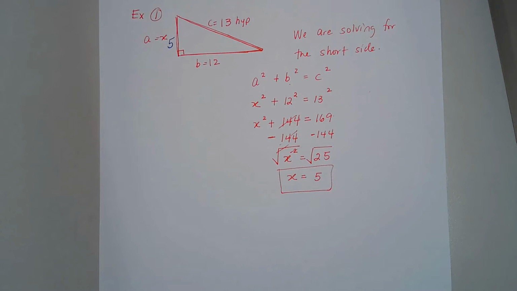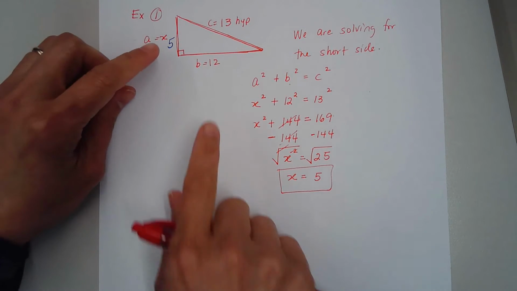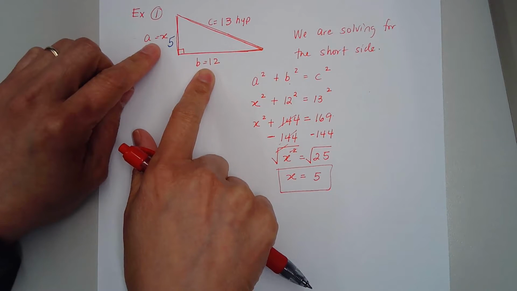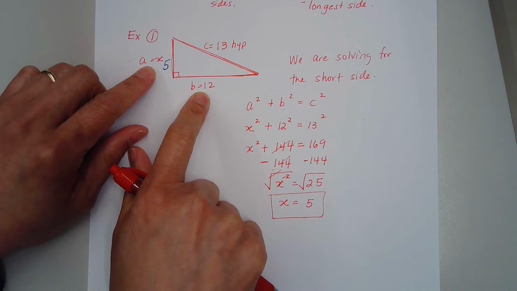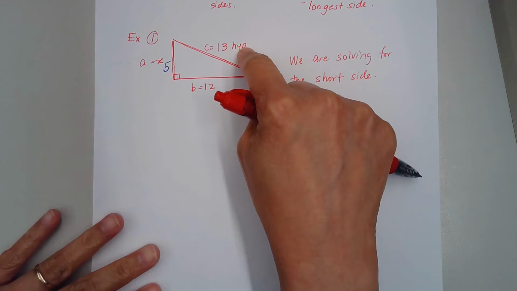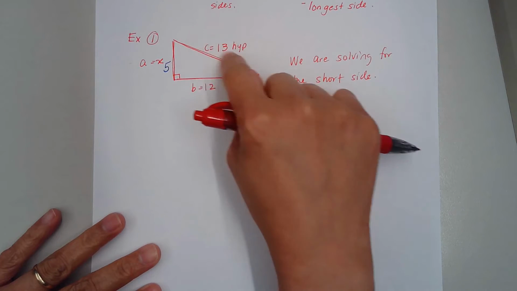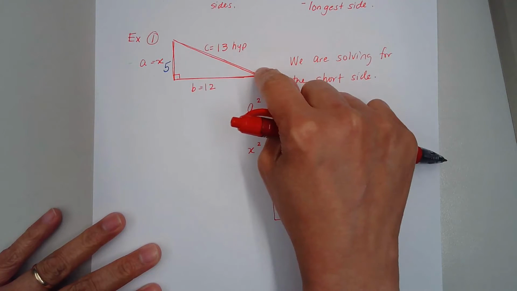Now, I gotta ask myself, does that answer look reasonable to me? Are these two short sides shorter than the hypotenuse? Is the hypotenuse the longest? Yes.